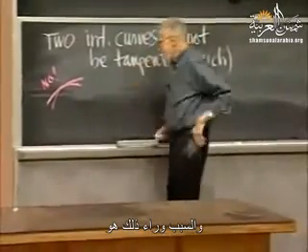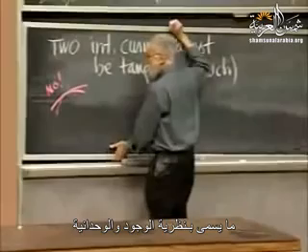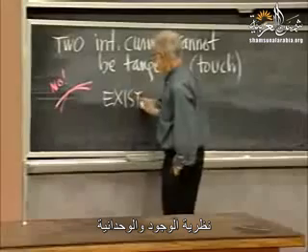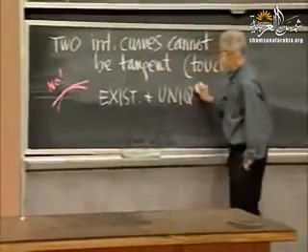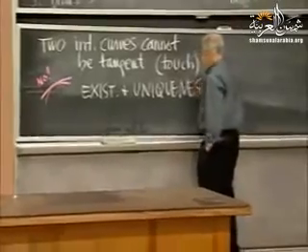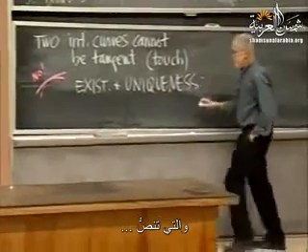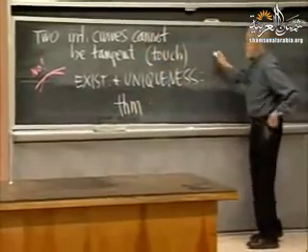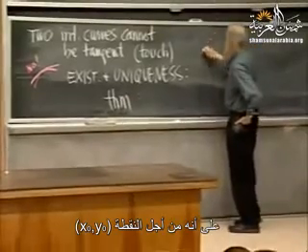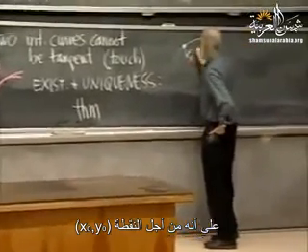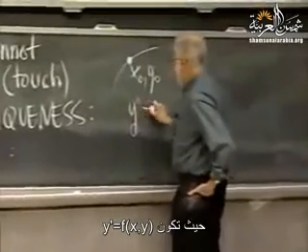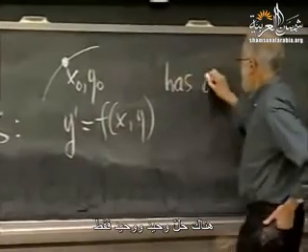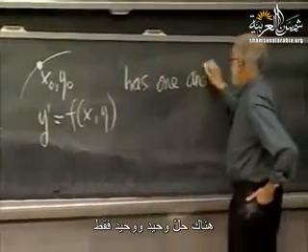That's much more sophisticated than this, and the reason is because of something called the existence and uniqueness theorem, which says that through a point x0, y0, y prime equals f of x, y has one and only one solution.